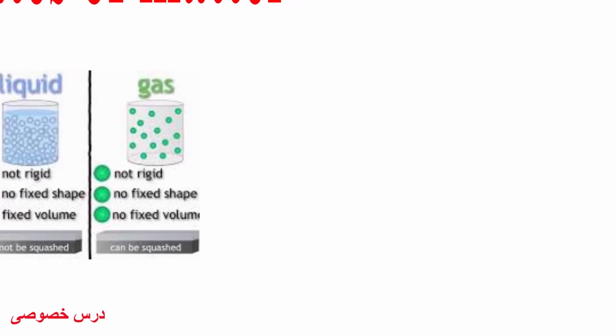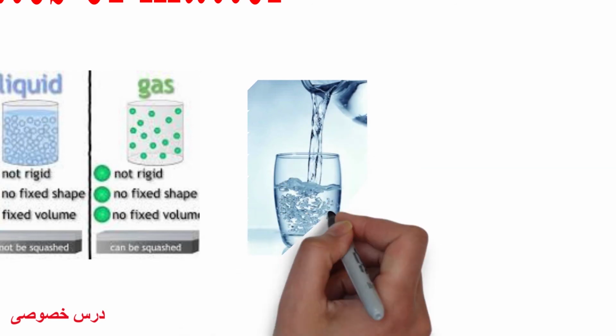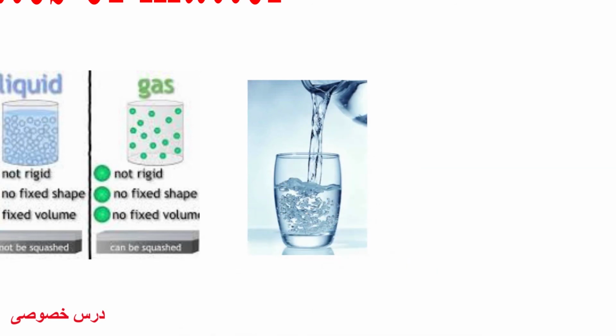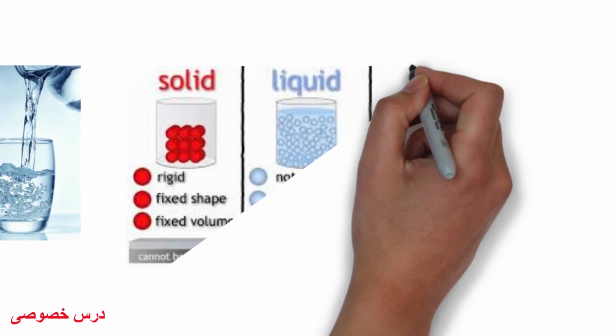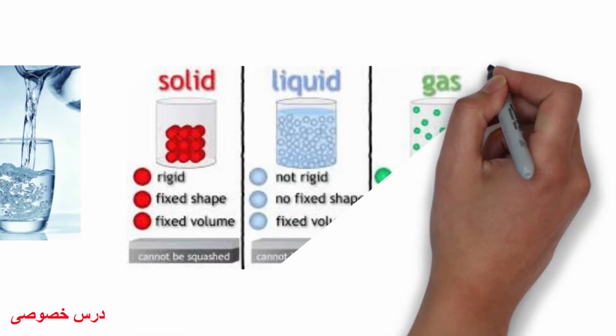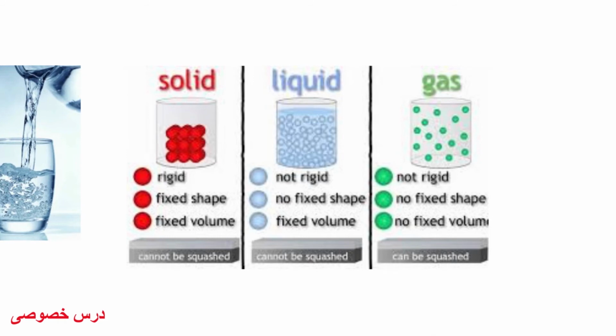The shape of this liquid will change according to its container, but the volume will not change. So they have definite volume and indefinite shape. I can change their shape, but I can't change their volume.